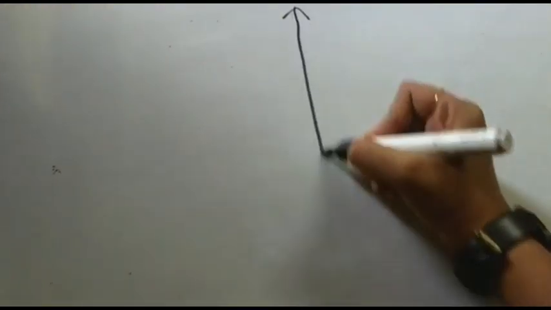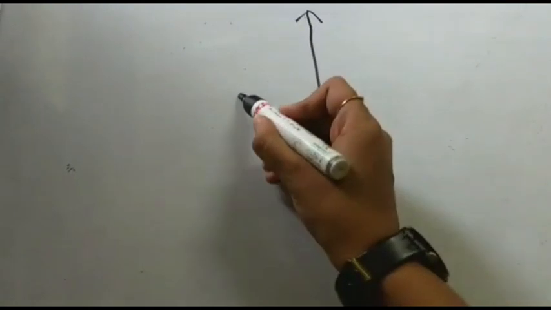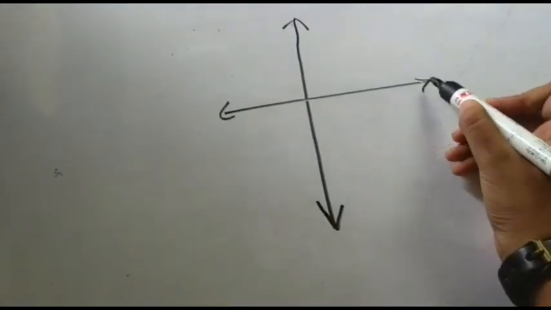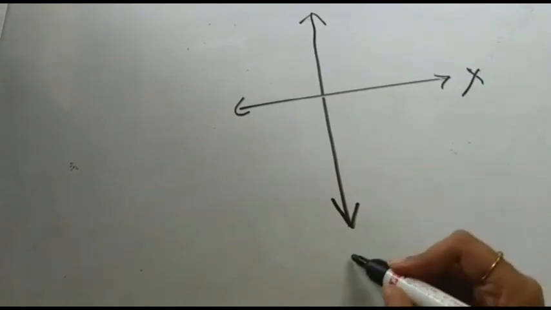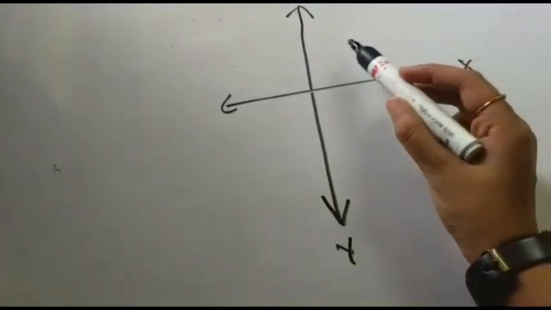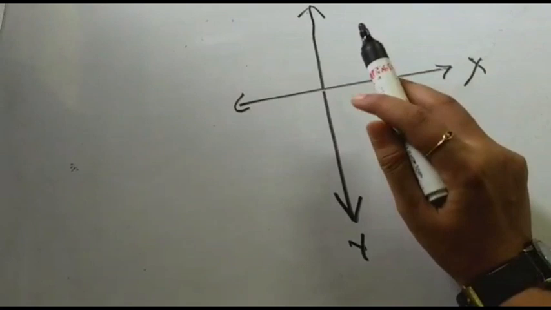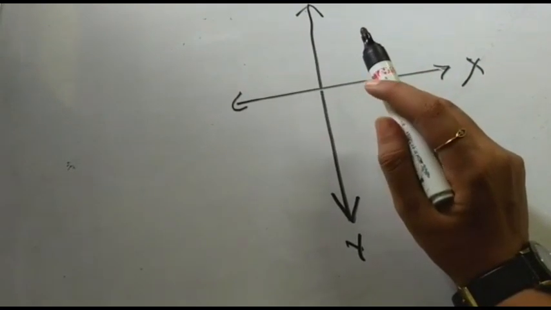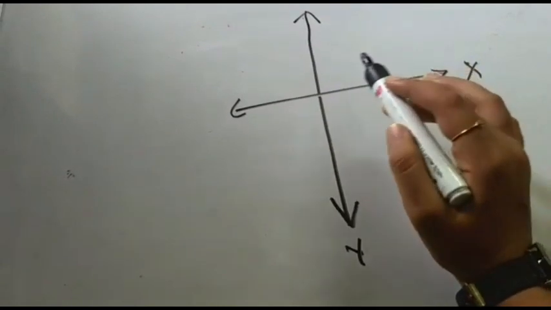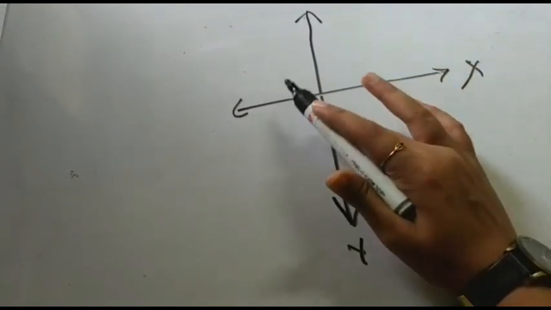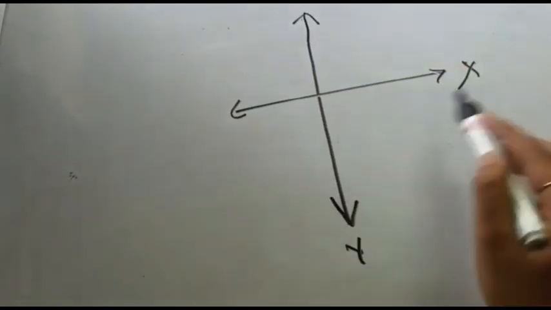We have to understand that any such problem that involves computational geometry involves all these four planes. That is, we have the x-axis, we have the y-axis, we have the positive side, we have the negative side, and we have to work accordingly so that our problem can be solved for any such quadrant in this plane.